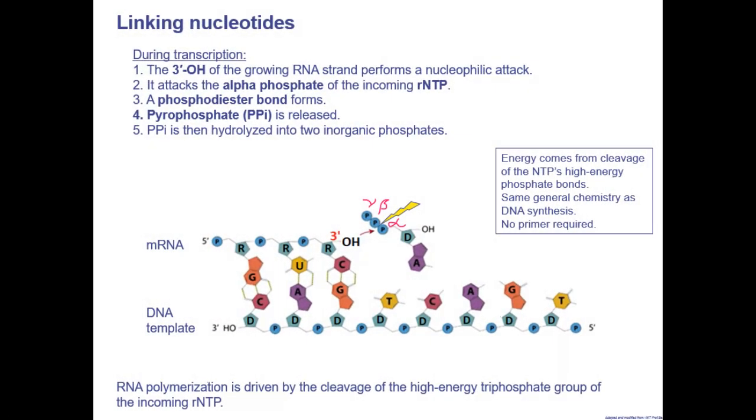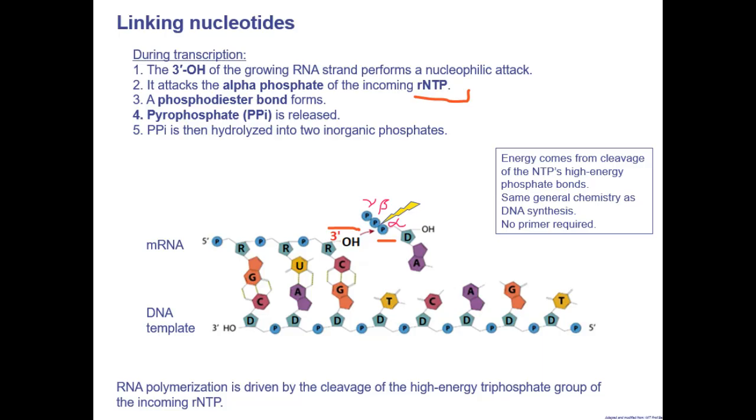During RNA elongation, RNA polymerase builds the RNA strand using ribonucleoside triphosphates, or rNTPs. The key reaction happens when the 3' end hydroxyl group of the growing RNA strand attacks the alpha phosphate of an incoming NTP.